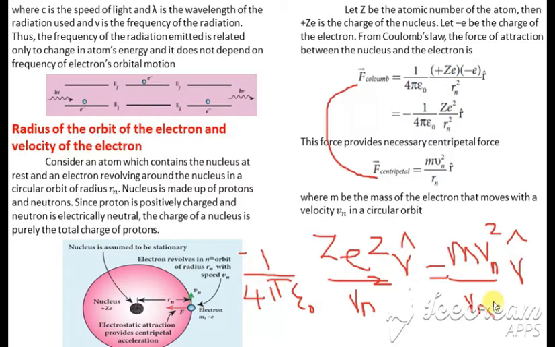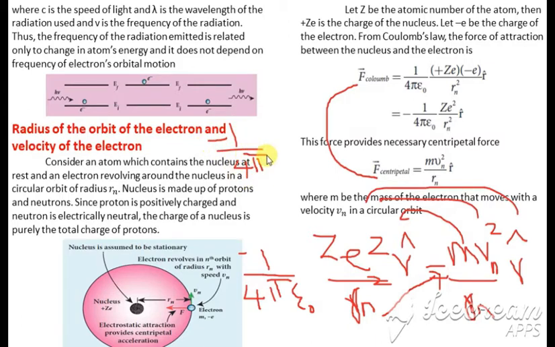Okay, so now we need only the value of Rn. This Rn alone we are going to keep on one side, and all the other terms we are going to bring to the other side. So we get minus 1 by 4 pi epsilon naught as it is, Z e square as it is.